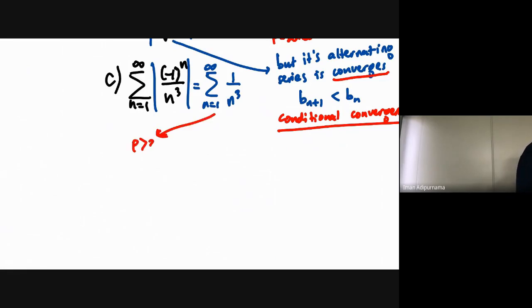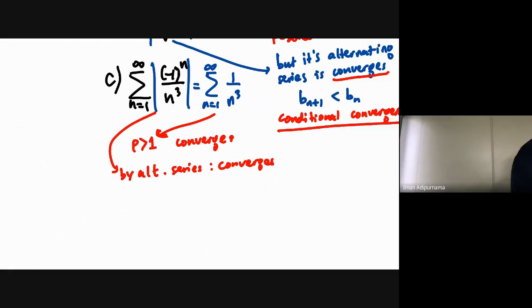P is greater than 1, so it converges. And by the alternating series, it also converges. So this case is absolutely convergent.